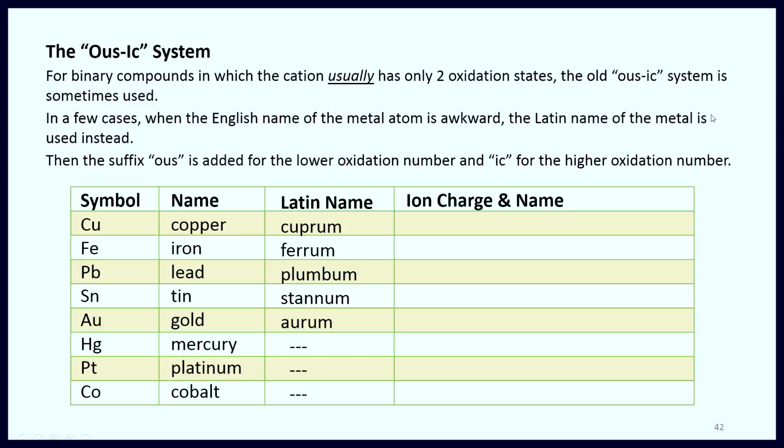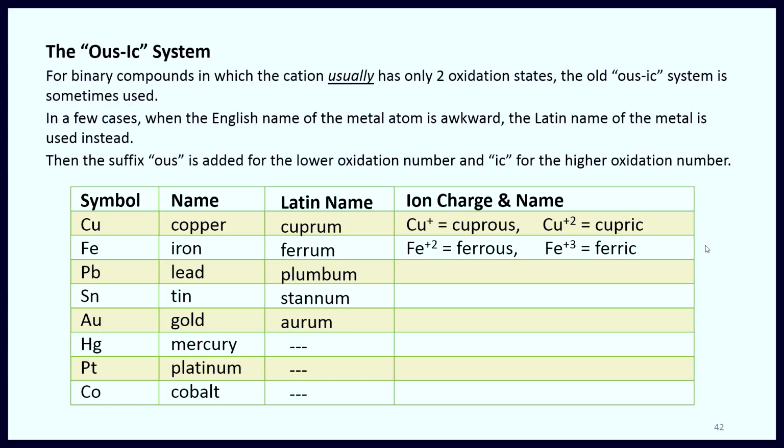Now copper has 2 oxidation states, so it's a candidate. The Latin name is cuprum, and so the lower oxidation state, copper(I), is named cuprous, and copper(II) is cupric. Iron, Latin name is ferrum, has 2 oxidation states.